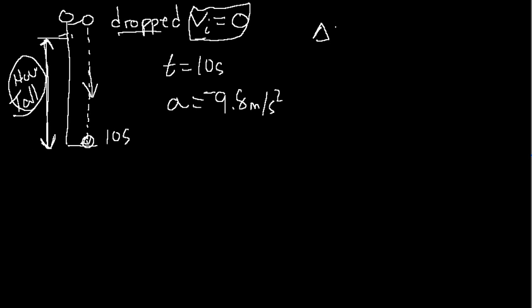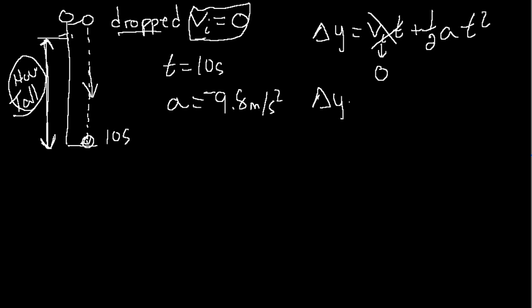So I could say delta y is v_i t plus 1/2 a t squared. I know my initial velocity is 0, so this term drops out. And my delta y, in other words, how far it's going to fall down, is going to be 1/2 of negative 9.8 times time squared.